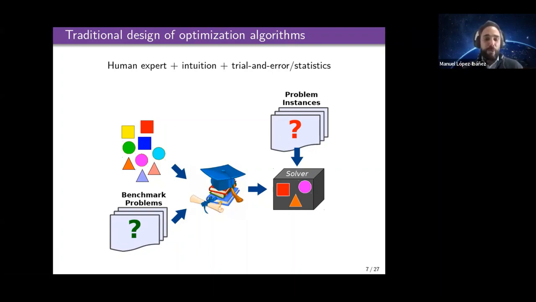During this process, some design choices are discarded, or simply the expert was not aware of them. Using trial and error and statistics, the expert decides on a solver, and this is the algorithm that will be used in practice. Hopefully, the problem instances that arise in practice are similar to the ones that the expert has used when designing the algorithm.